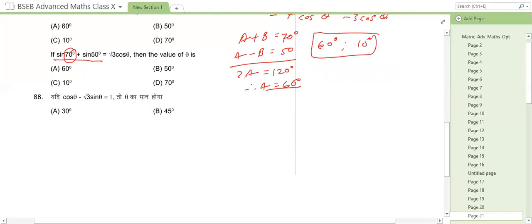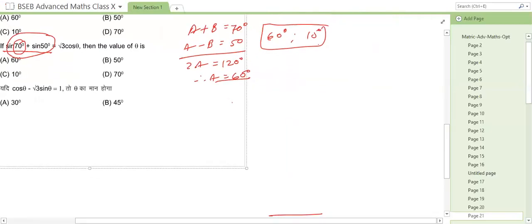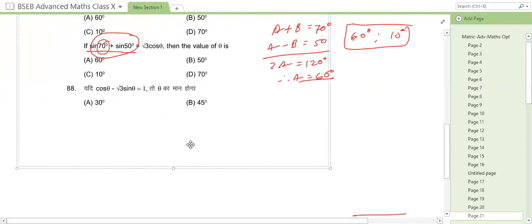So what we have is sine 70. So we know what our a and b is. So the left hand side of this entire thing becomes the expansion that has sine a plus sine b, and sine plus sine should give us sine cos. It's a mixture of sine and cos.